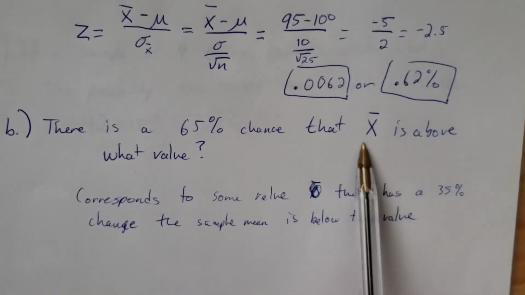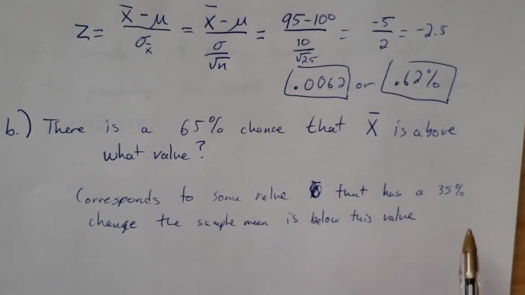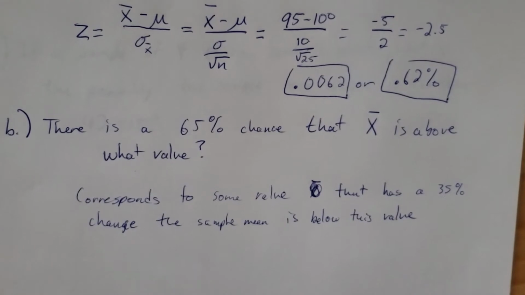Because that's the same as having a 65% chance that it is above that value. All right. Well, what is that value?